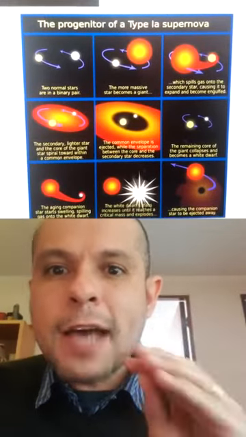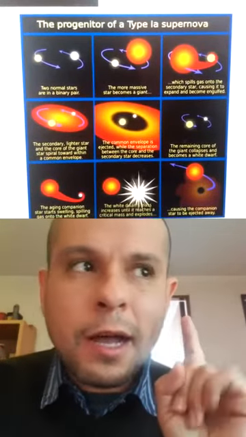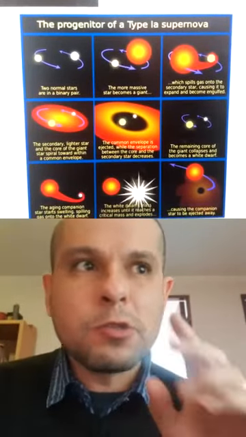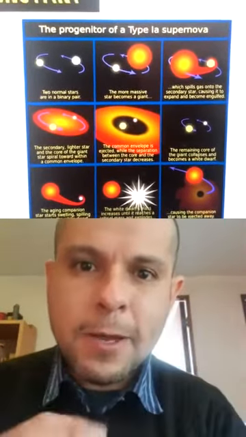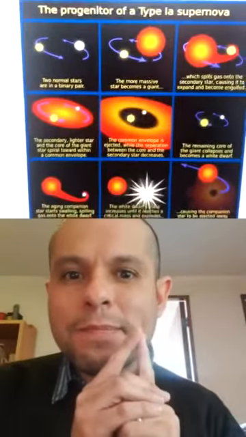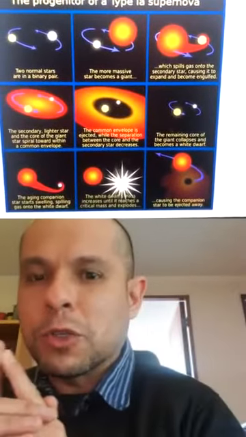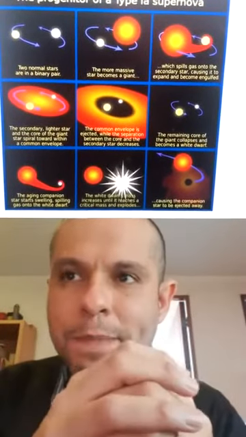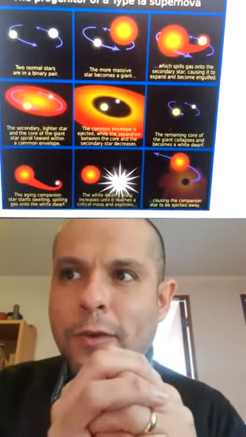So for that they used something called type 1a supernovae. A supernova is an explosion of a star. The type 1a supernova is a very special kind of explosion. Basically, you have a white dwarf, which is the remains of a low mass star.